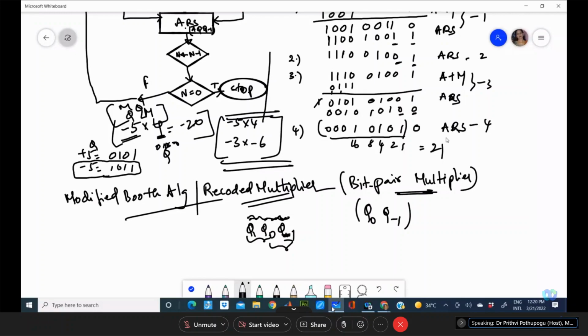Okay, ma'am. Then the count of steps needed depends upon the magnitudes of your multiplier and multiplicand. In the previous example, 3-bit is enough, because it is only 0, 1, 1 and 1, 1, 1. That is enough. For explanation, I took 1 extra bit.